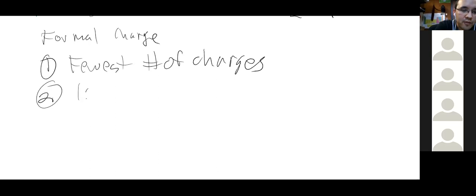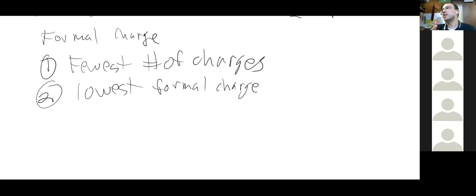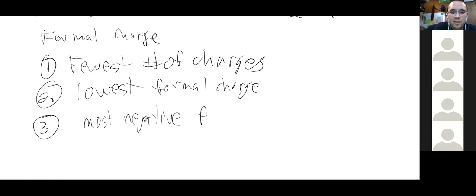So we would like to have the lowest formal charge. So two +1s is better than one +2. And then no formal charges would be better than one. And the last part is we would like our most negative formal charge on the most electronegative atom.